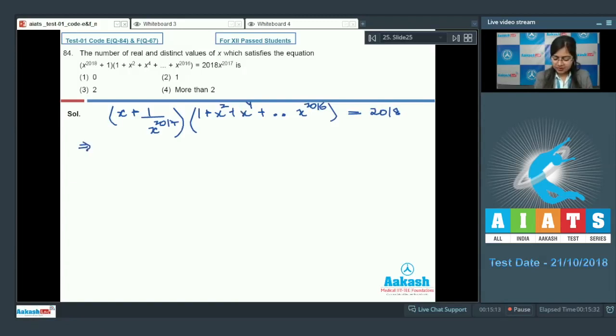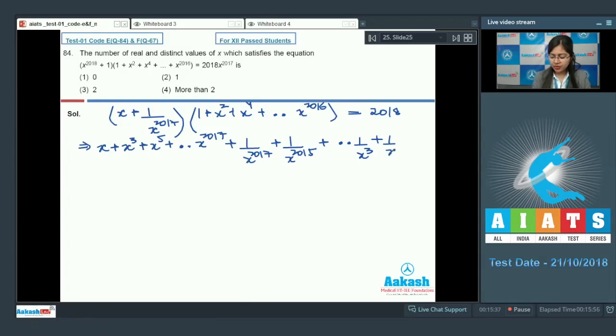Now expanding this, we will get x plus x cube plus x5 plus up till x raised to the power 2017 plus 1 upon x raised to the power 2017 plus 1 upon x raised to the power 2015 plus up till 1 upon x cube plus 1 upon x is equal to 2018.